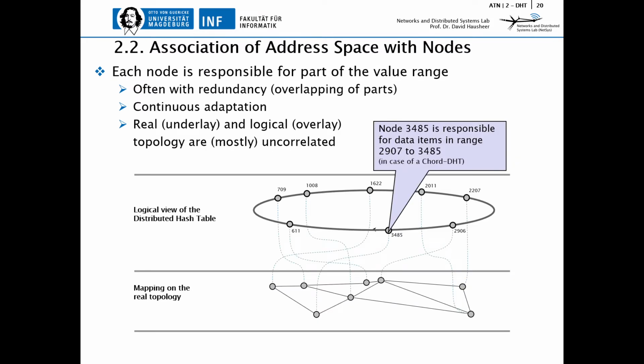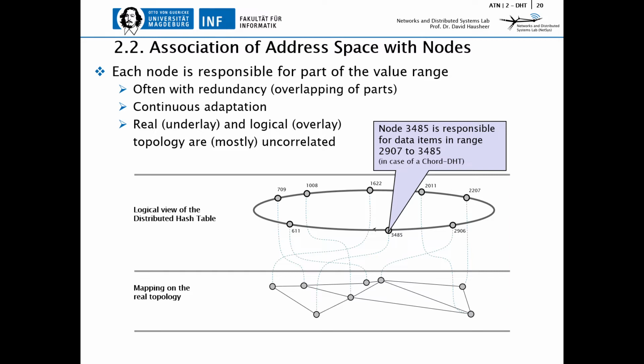Now, this is a very important concept in DHT, that the address space needs to be associated with the nodes, so that each node essentially becomes responsible for part of the value range to which the different data items that are stored in the network will be mapped.